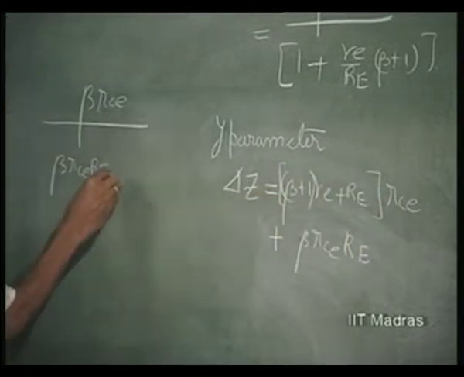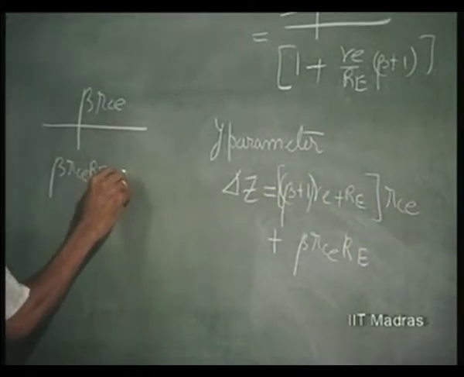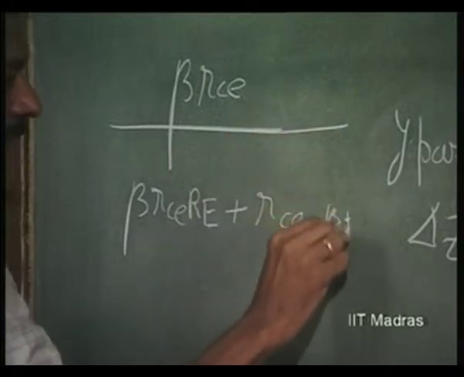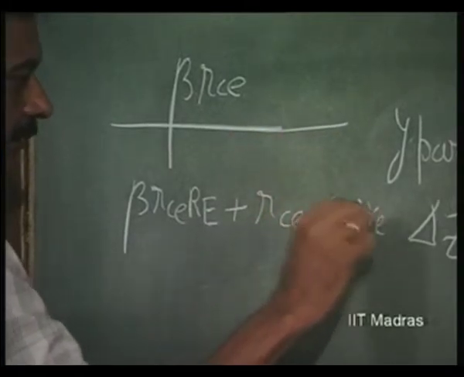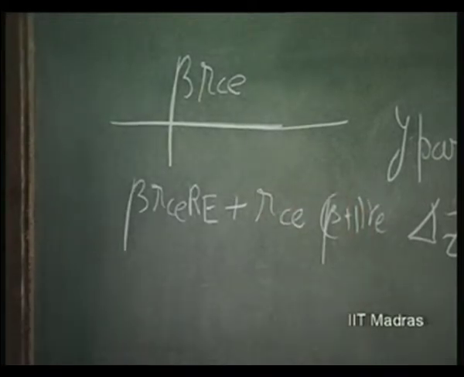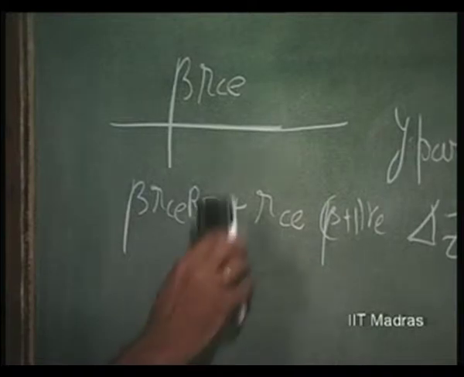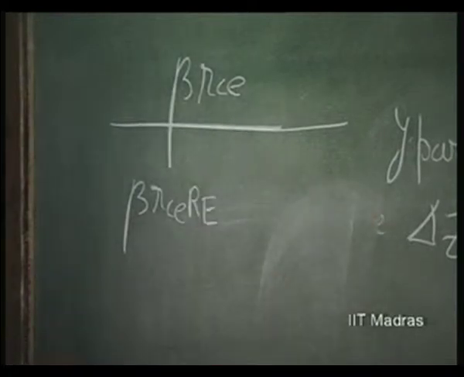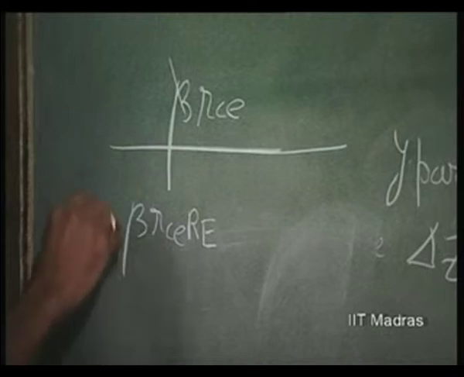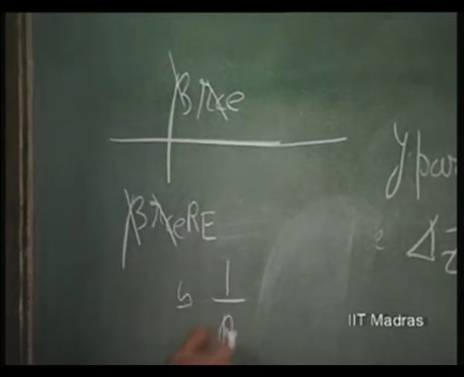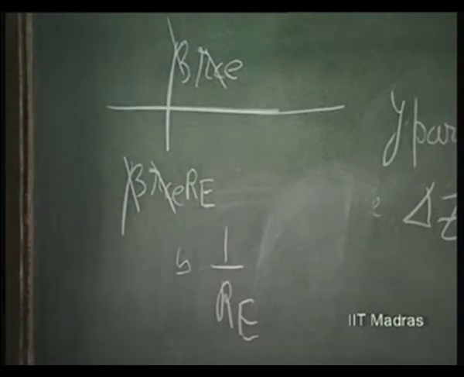So, plus RCE, okay, to beta plus 1 times RE. So, this again is negligible. So, we can see here that beta gets cancelled, RC gets cancelled. This is approaching a value of 1 over RE as expected.